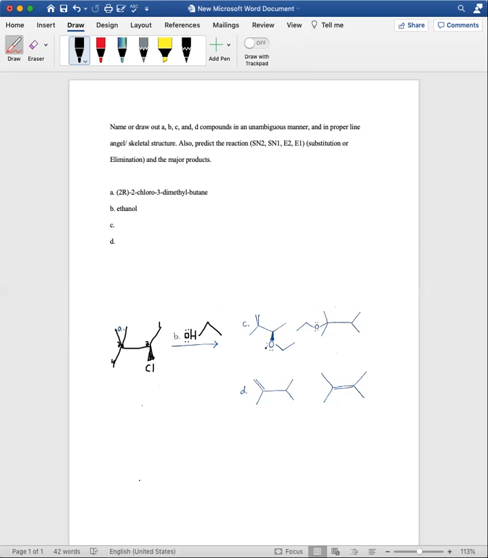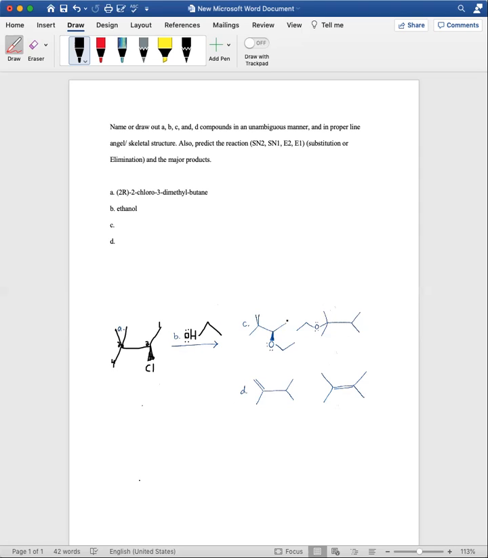So first, we're going to find the longest carbon chain. I can start from here, here, or here. It really doesn't matter which way you go. So I'm going to start from here.